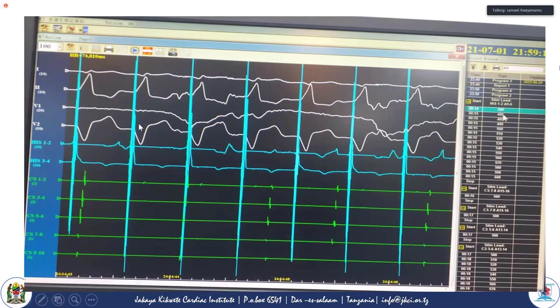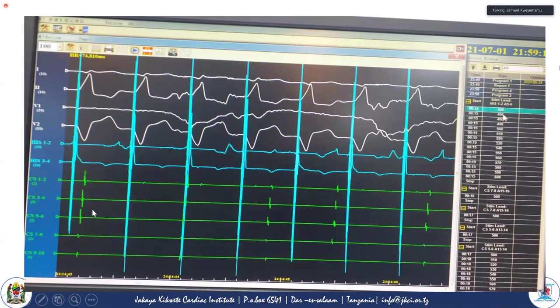Just to orient everyone, the white signals represent the surface ECGs, followed by the intracardiac signals from his catheters. And down there you find a green color of intracardiac signals. These are coming from the coronary sinus, pole number 1 up to 9 and 10.